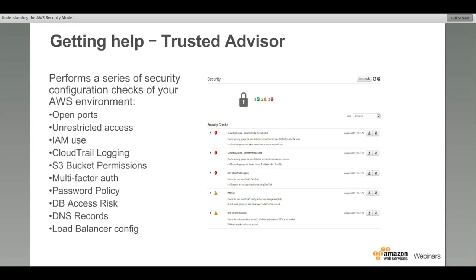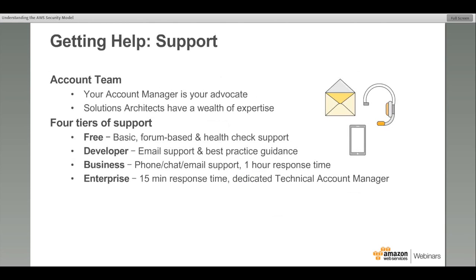There is a free tier in Trusted Advisor, but if you want to unlock all the checks, then when you sign up for business support, you'll automatically get those too, and we encourage you to look at those regularly.